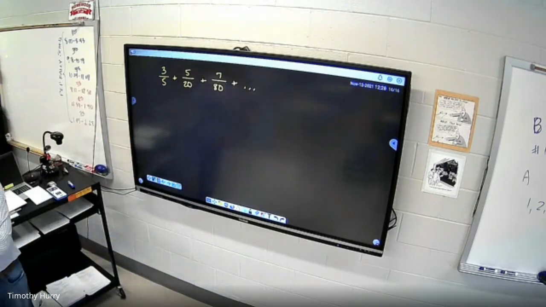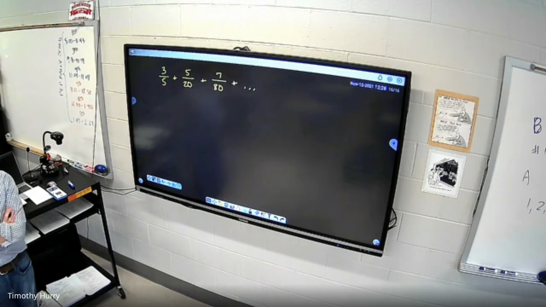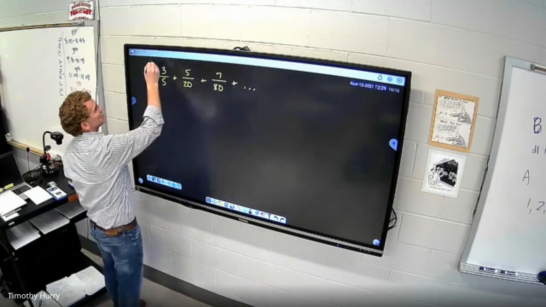What do you see there? I'm adding 2 on the top. I'm multiplying the bottom by 4. Is that a sequence that we know of? It is not.